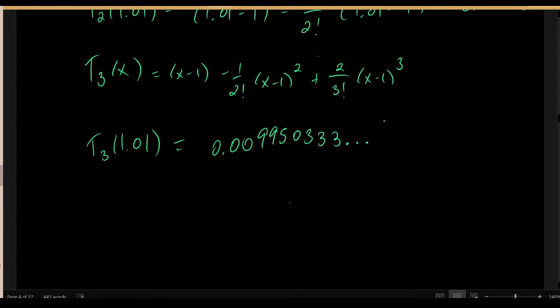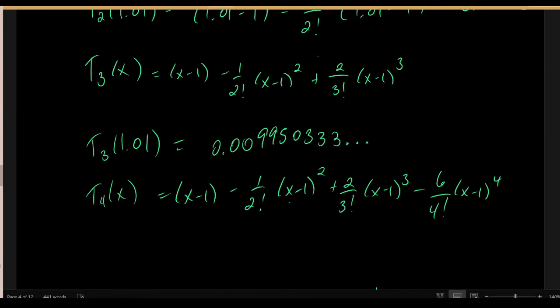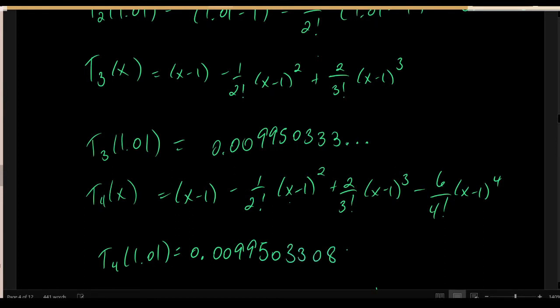It doesn't actually end up with infinitely repeating 3's, but it's 3's for a long time. And with t sub 4, using that formula from the previous page, my side work shows that t sub 4 is equal to 0.00995033083, and then 3's for quite some time.